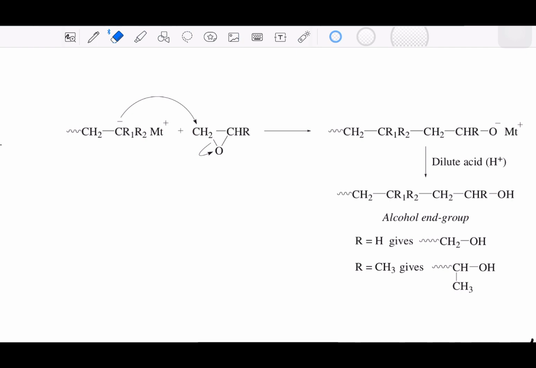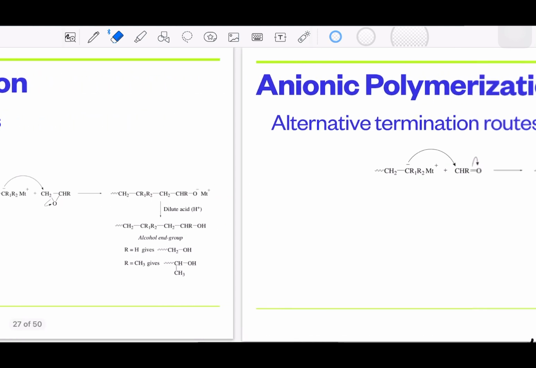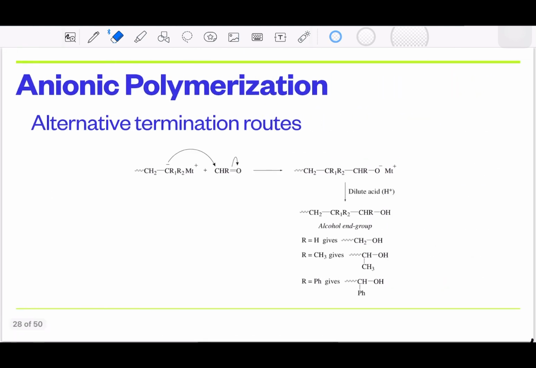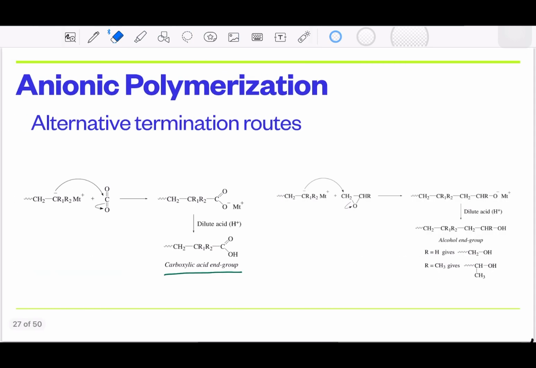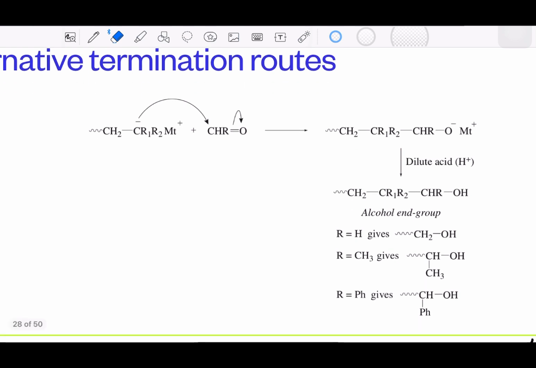So we can have an alcohol, and this is just an idea for how we can have the reactions. Oh, I think this is the same. Oh, different monomers, but still with the same principle, and it will deactivate the polymerizations.